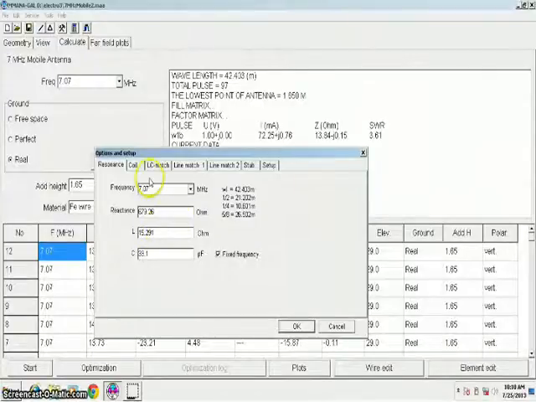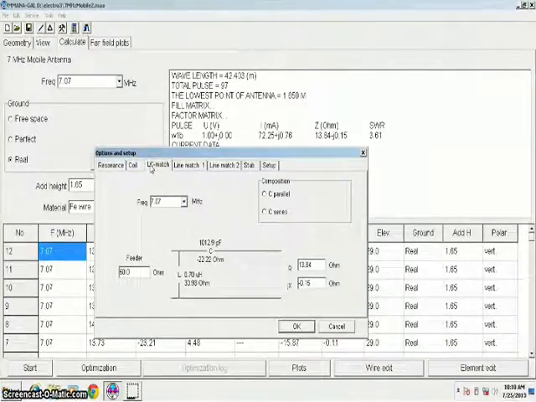Let's see. Okay, this is the LC match system that we should use. There are two systems here in LC match system, C parallel and C series. I think easier C parallel, so I choose here.